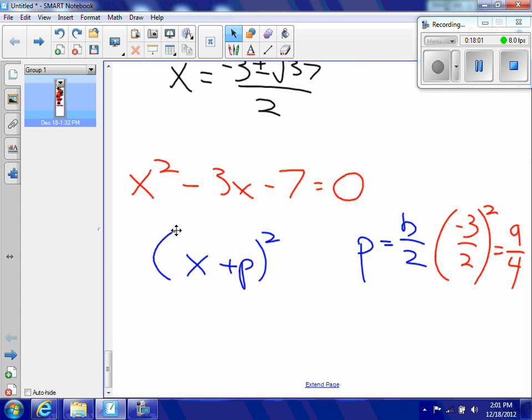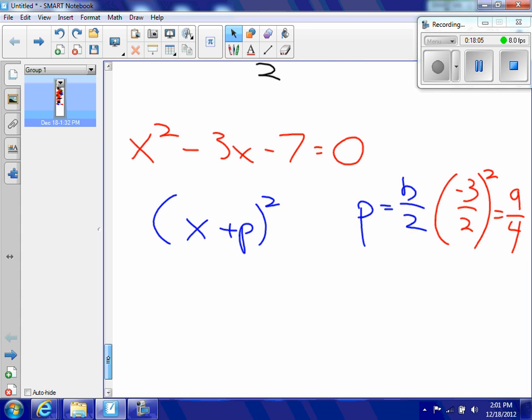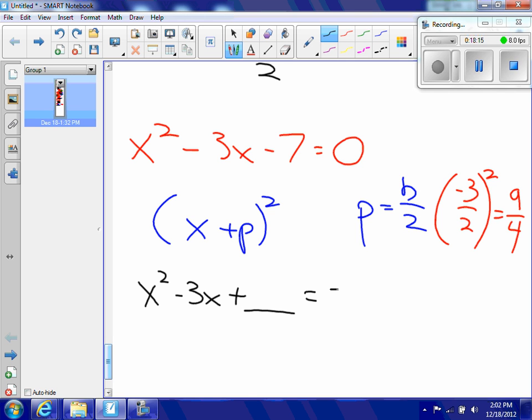So let's take the original equation again. I have x squared minus 3x plus blank is equal to 7 plus blank. I've already determined that my b over 2 squared right here is equal to positive 9/4. That's why this is always going to be plus blank. It's never going to be minus blank.